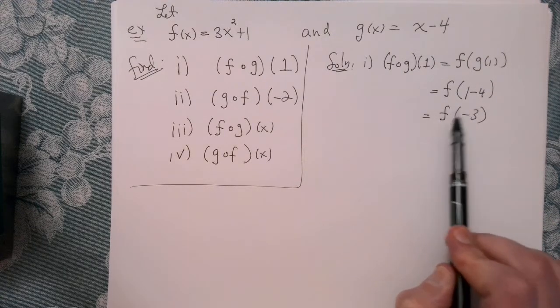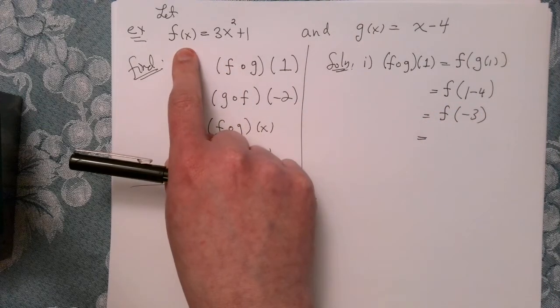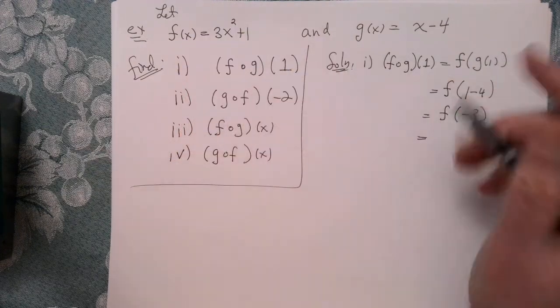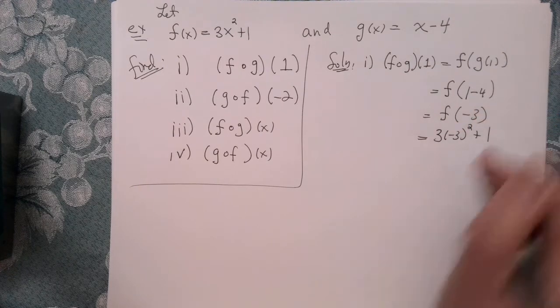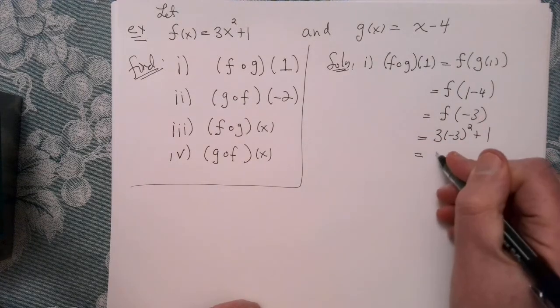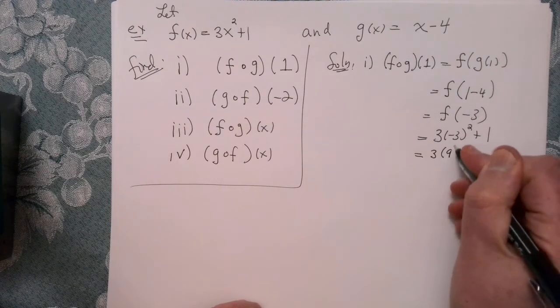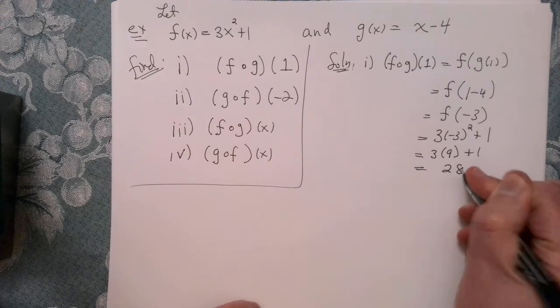I'm applying f after g. So now I go to the f function, and I evaluate it at minus 3. And so that's 3 times 9 plus 1. So that's 28.